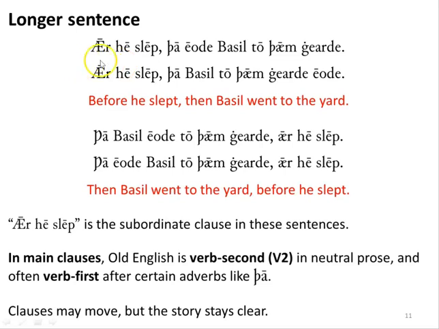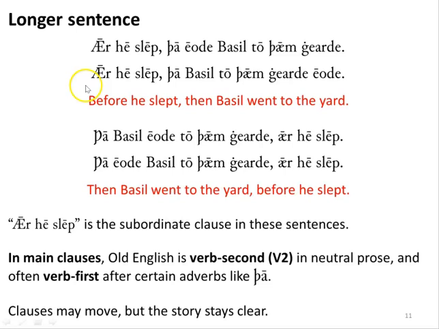Okay, longer sentence. He sleep. Tha ģearde Basil told tham ģearde. He sleep. Tha Basil told tham ģearde. Before he slept, then Basil went to the yard. Both are saying the same thing.